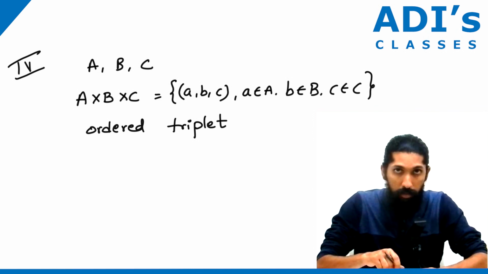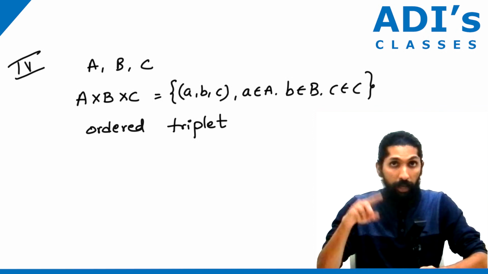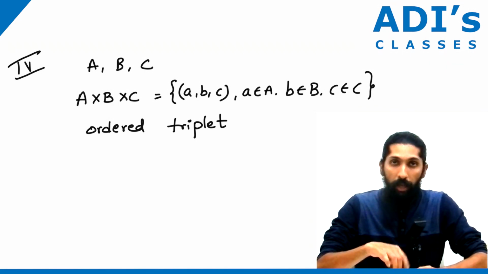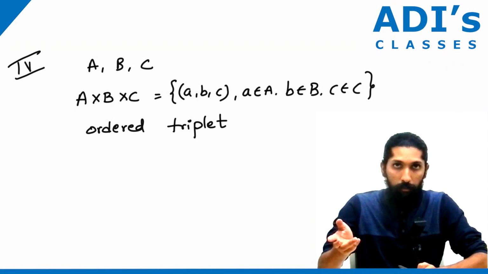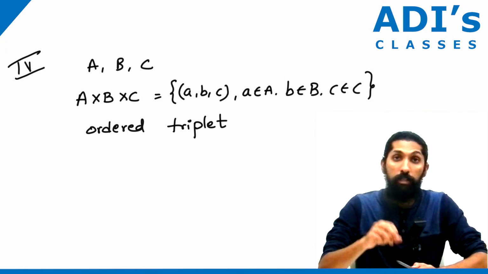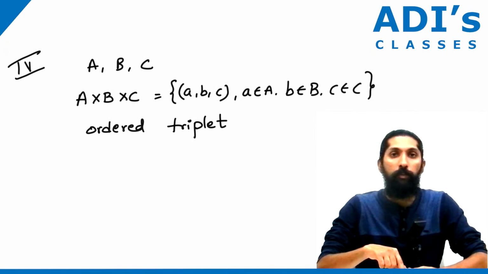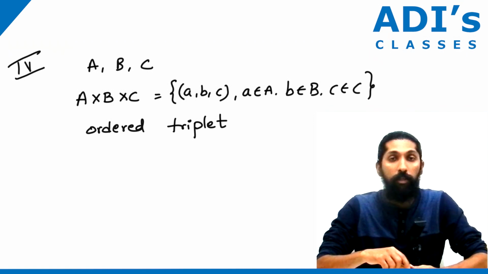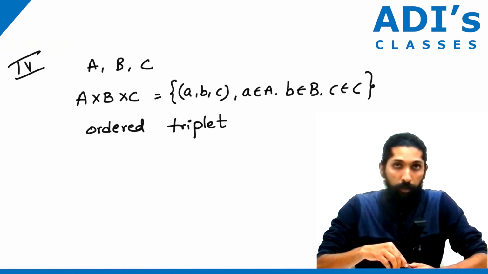This is what we use for three-dimensional geometry, x, y and z. All of you know what (x, y) is, but when you have (x, y, z), that is what we call an ordered triplet. This is one more property, or you can say one of the characteristics of a Cartesian product.